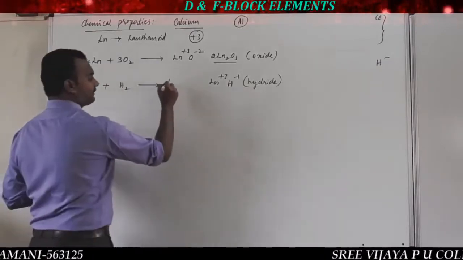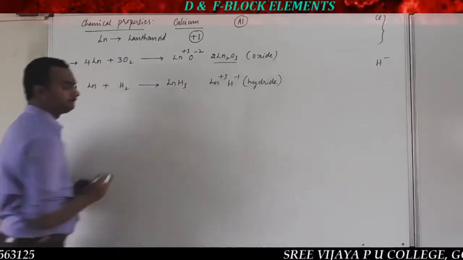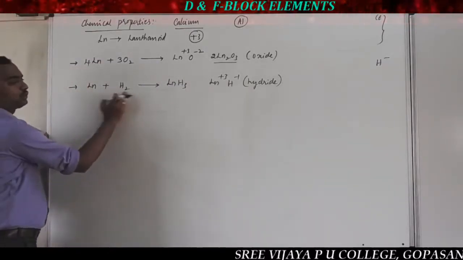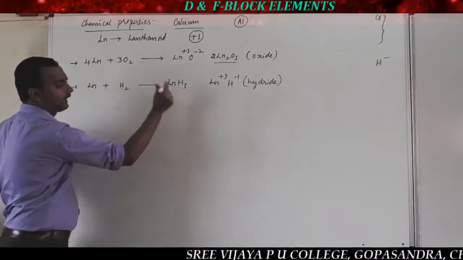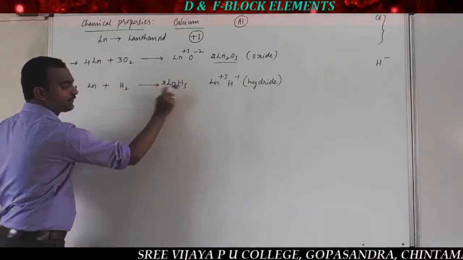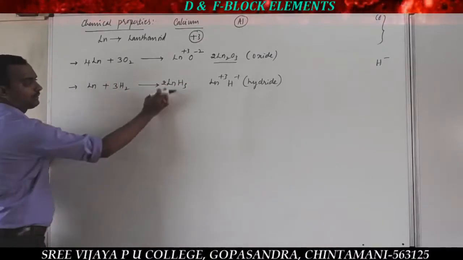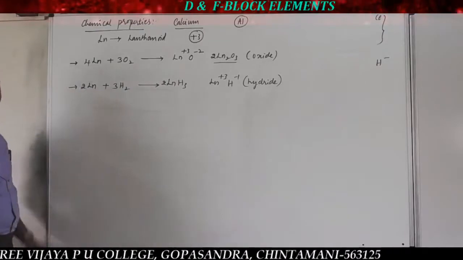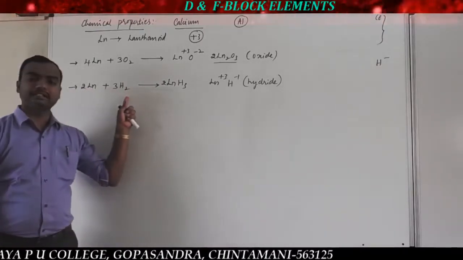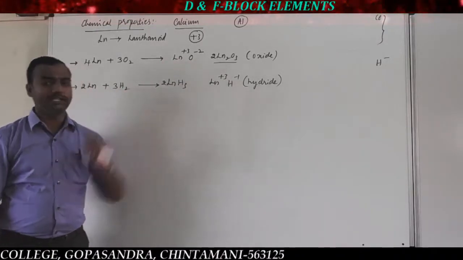Therefore the formula is LnH3. Balance: hydrogen is 2 here and 3 there, so make it even. 3 2s are 6. Then put 2 here, 3 2s are 6. What happens to lanthanide? That is 2. So any lanthanide reacts with hydrogen to give the respective hydride.